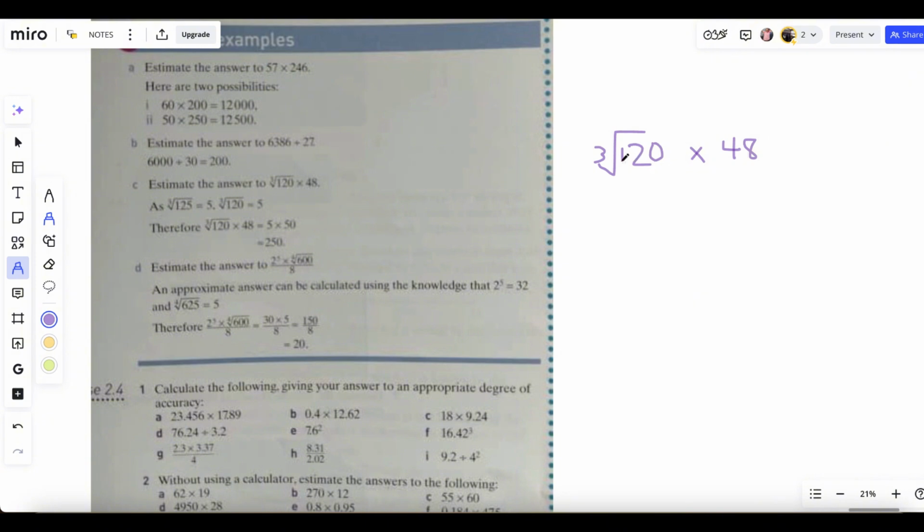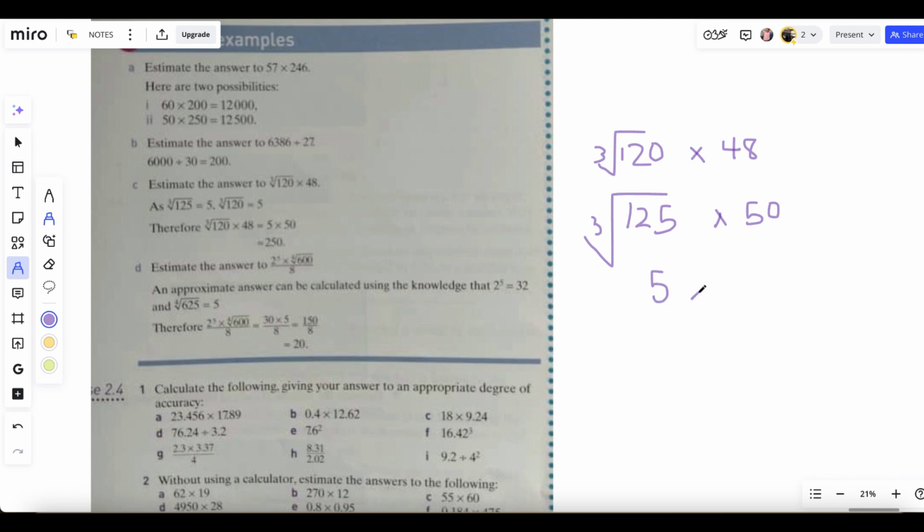So a number close to 120 whose cube root you can get is 125. So I can simply say the cube root of 125 multiplied by this number. I can round 48 to the nearest whole number, which is 50. The cube root of 125 is 5.